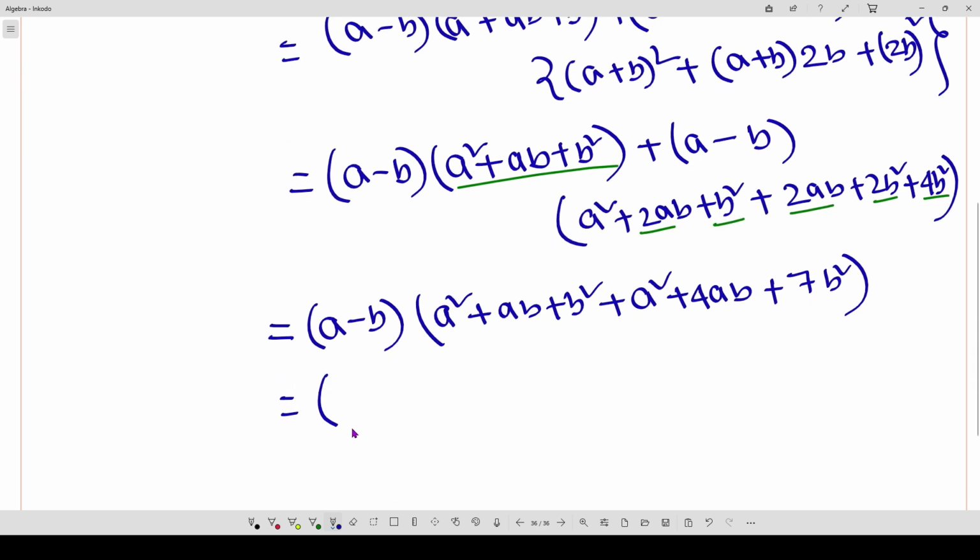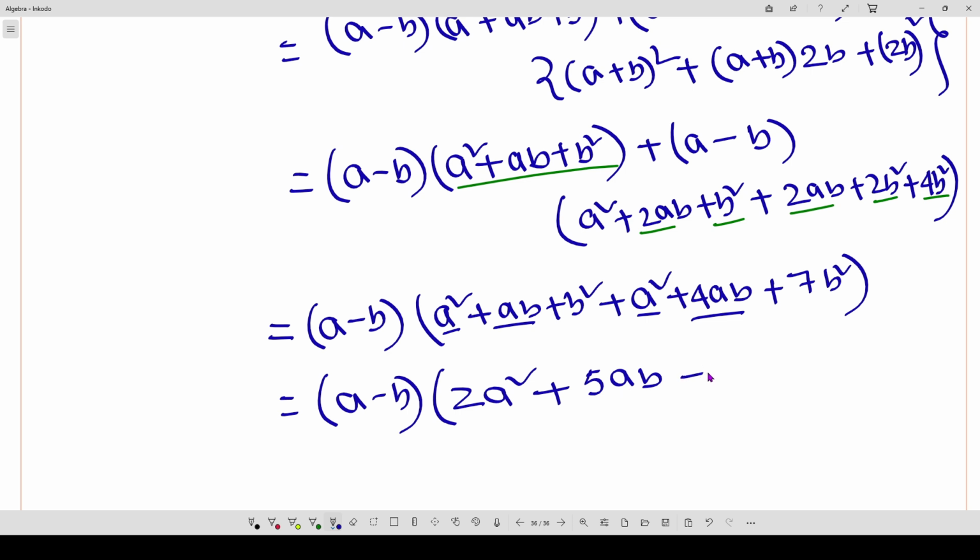Finally, we can write a minus b and then a square and a square, 2a square, plus 4ab and ab, it will be 5ab, plus b square and 7b square, it will be 8b square. And this is our answer.